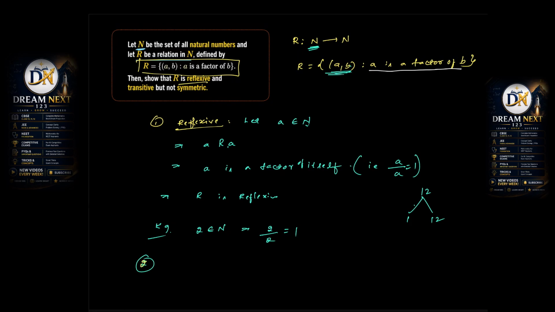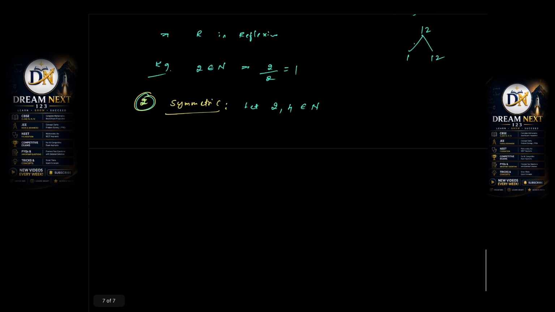Then the second one, what is it? Symmetric. We have to show it is not symmetric. To show it is not symmetric, just consider any example. I will consider 2 numbers, 2 and 4. These 2 numbers belong to the natural numbers only.